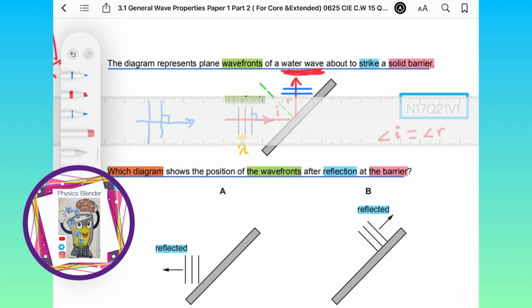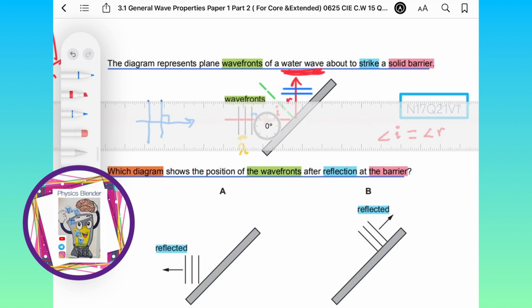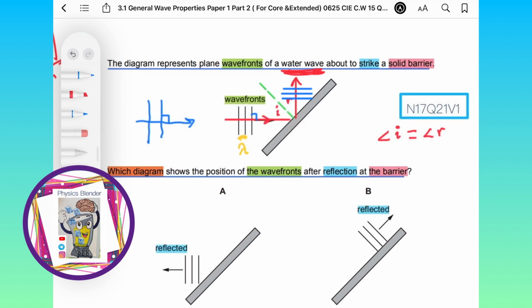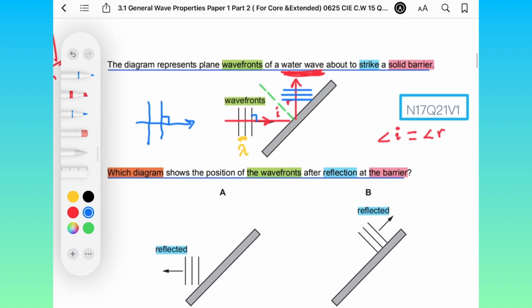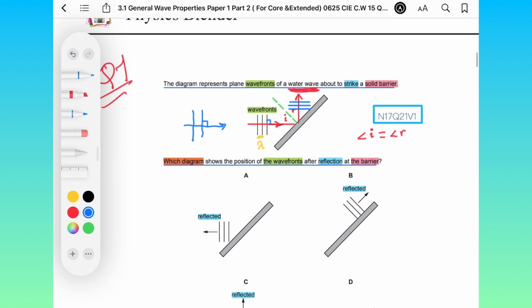So this is somehow shorter. Okay guys, I'm just drawing it roughly. Since we are here discussing paper 1, so it's not accurate. I'm just showing you how you can find your answer.